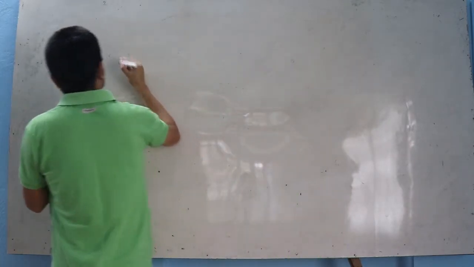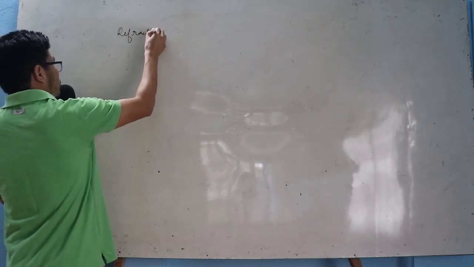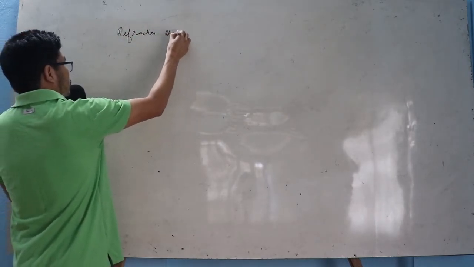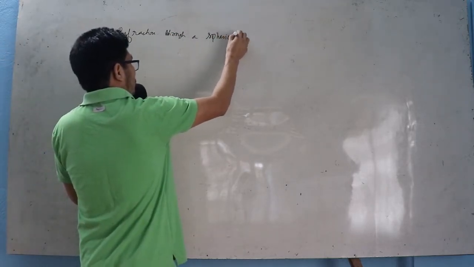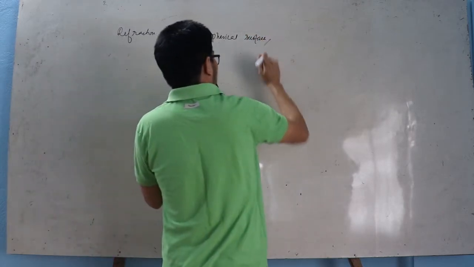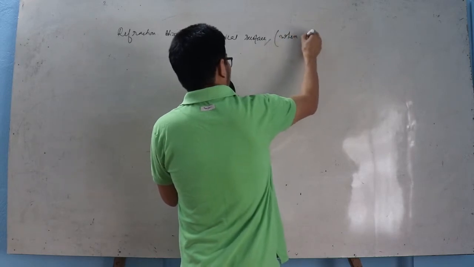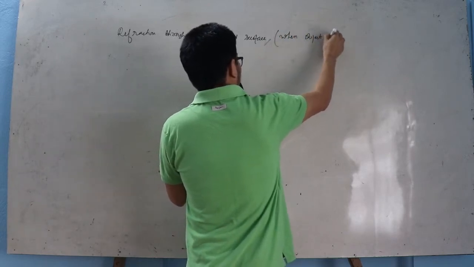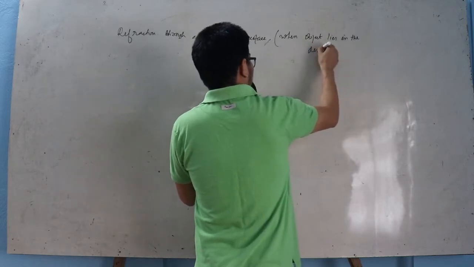So generally, this is refraction through a spherical surface, and the surface is nothing but a convex surface when the object lies in the denser medium.